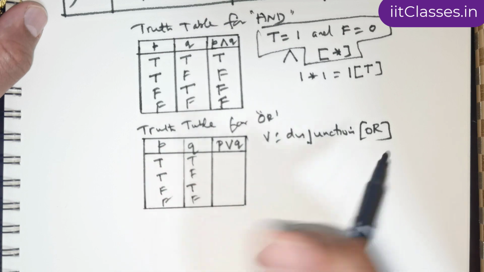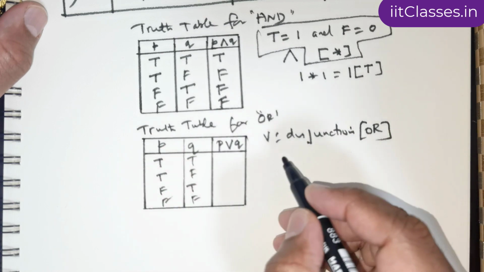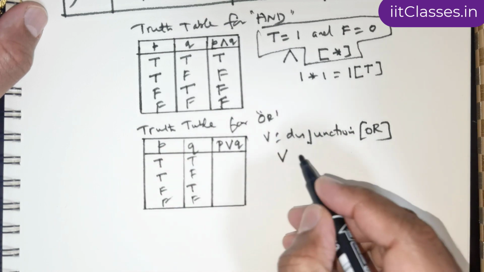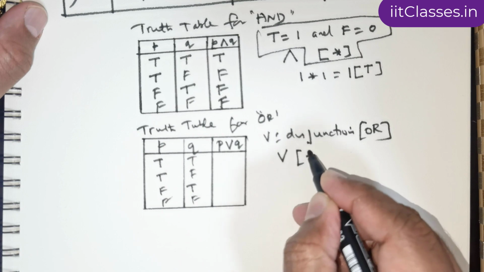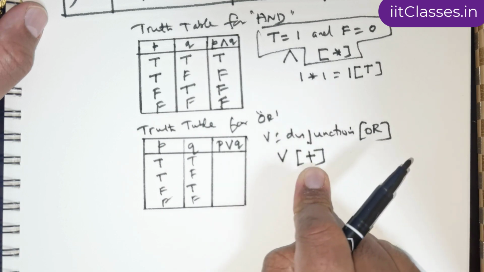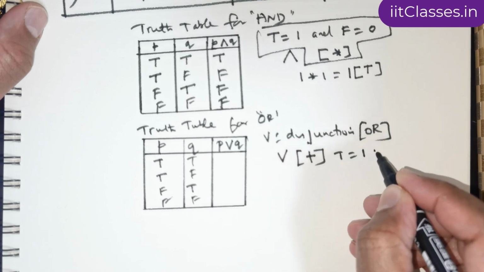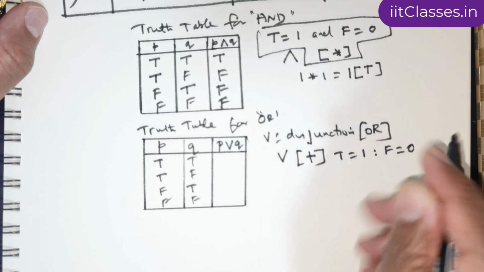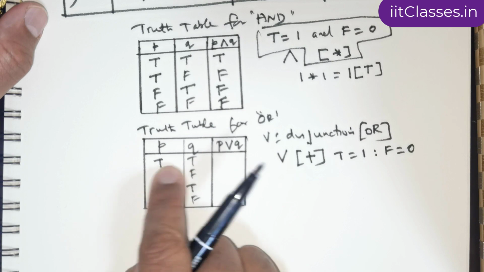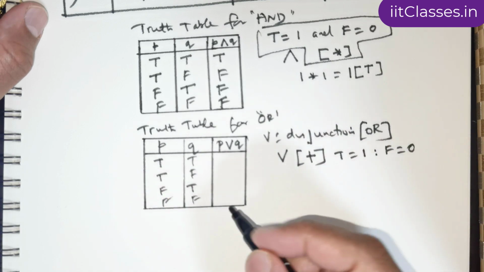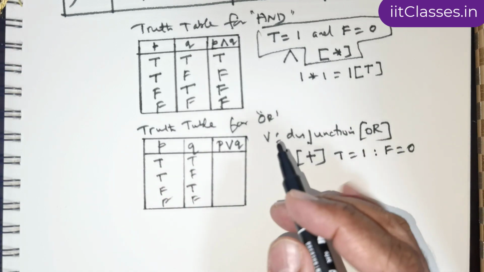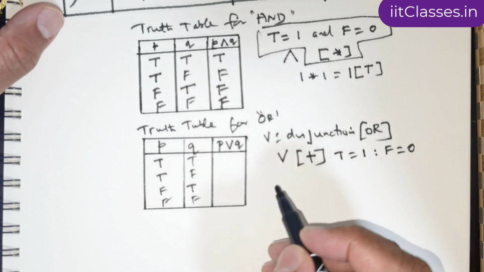So true or true. In this case, the OR operator is treated as an addition operator, and as I mentioned to you, T is taken to be 1 and F is taken to be 0. So 1 added with 1, the outcome will be 1. Of course, this is in the understanding sense, right?